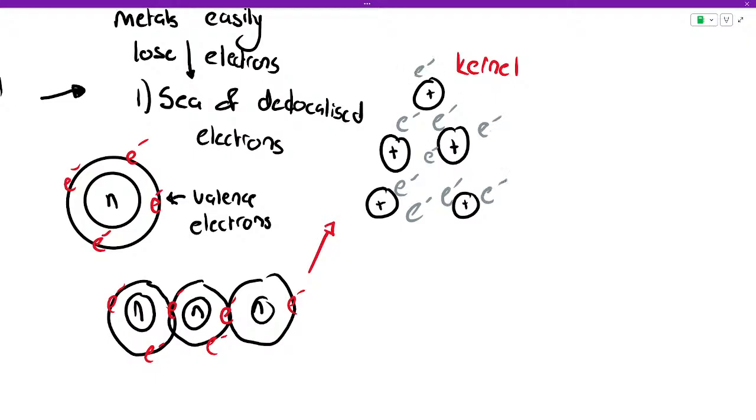These have bigger atomic radii, because as you go from right to left, the radius increases, and as you go down, the size increases.